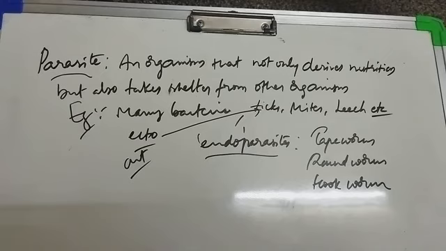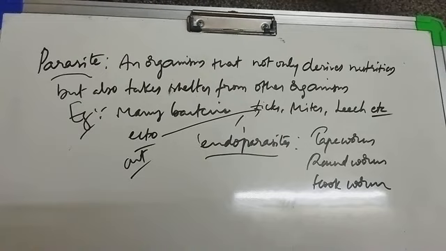A parasitic holozoic heterotroph generally does not kill the other organism. Instead, it takes shelter on the other organism and slowly, gradually derives nutrition while allowing the host to stay alive, so it keeps getting food continuously.